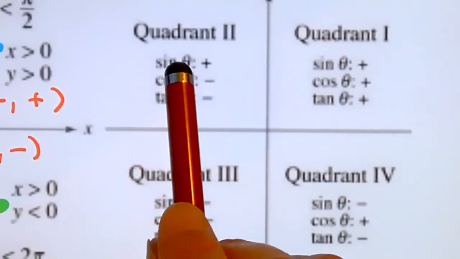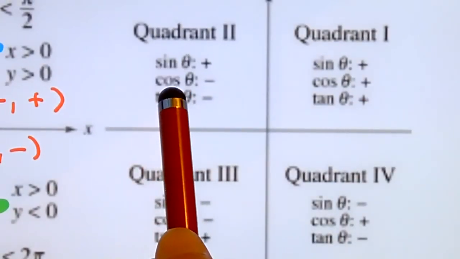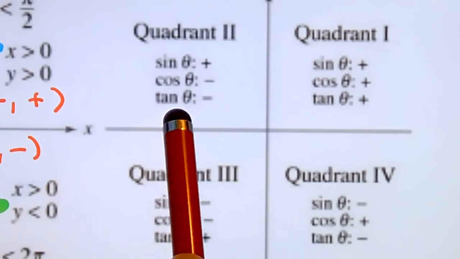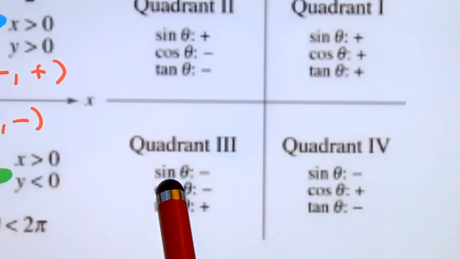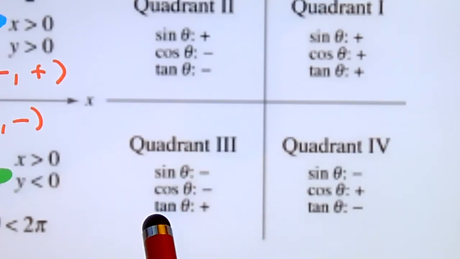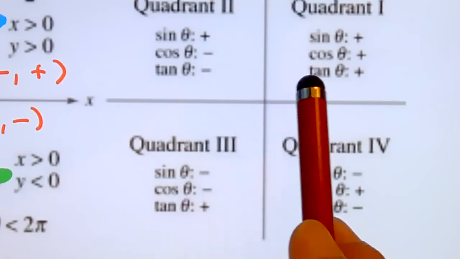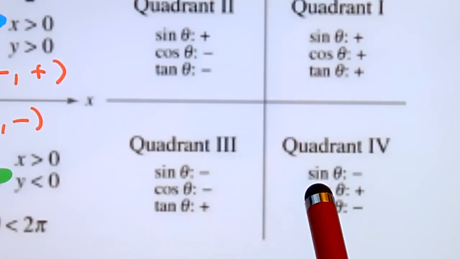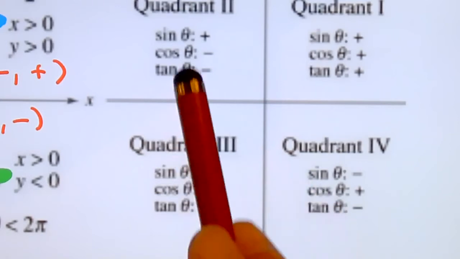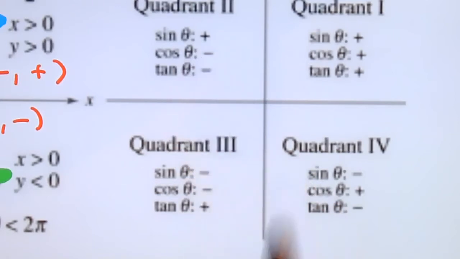Your sine is positive, your cosine's negative, and your tangent's negative. Here your sine is negative, your cosine's negative, but your tangent's positive, again because you have same signs for your sine and cosine. And over here, your sine is negative, but your cosine's positive. So again, in these quadrants, your tangent is going to be negative.